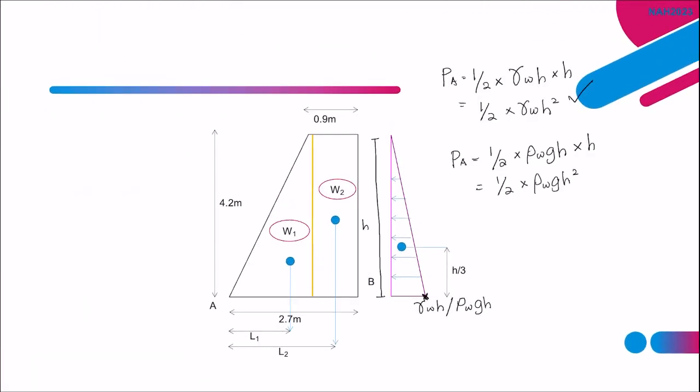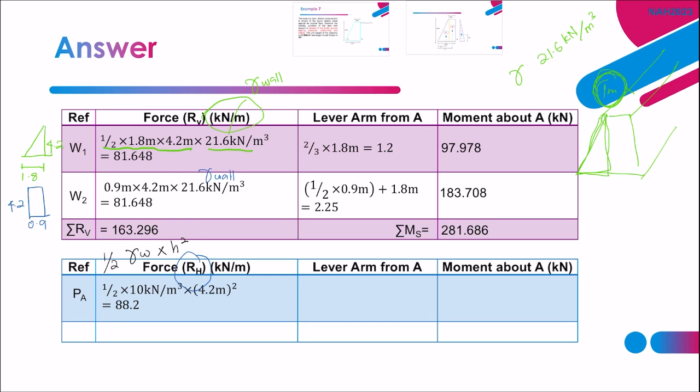Like this one. Unit weight of water is 10 kilonewton per meter cube, fixed. And the height of the water, not the height of the retaining wall. We look at how high the water reaches. And since the question says it is at the very top, meaning it reaches the top of the retaining wall, it is 4.2, following the height of the retaining wall. Therefore, I get 88.2.